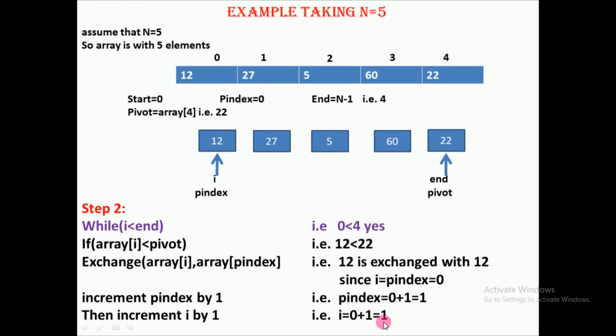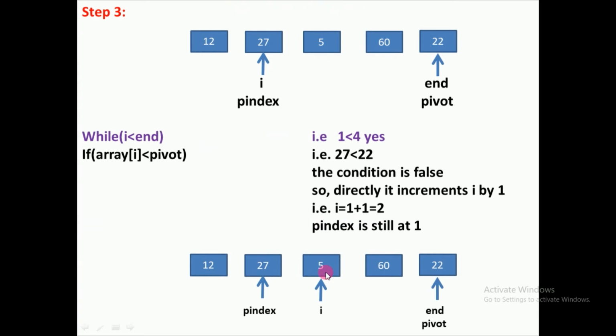That means we can see I and p index both are pointing at 27. Now in the next step, while I less than end, it will take the while loop again. Now 0 is incremented to 1, so 1 less than 4, yes, true.